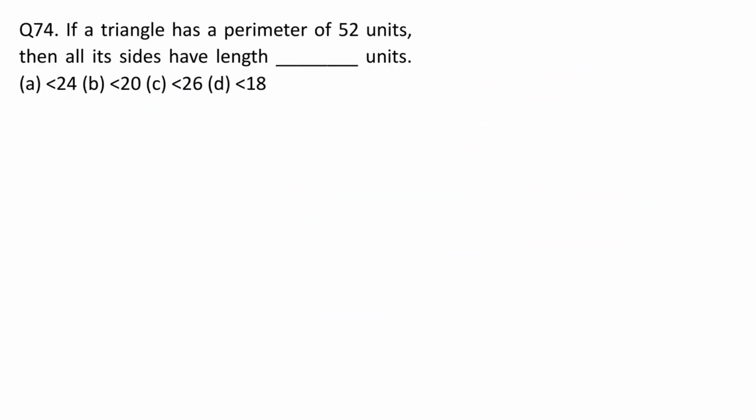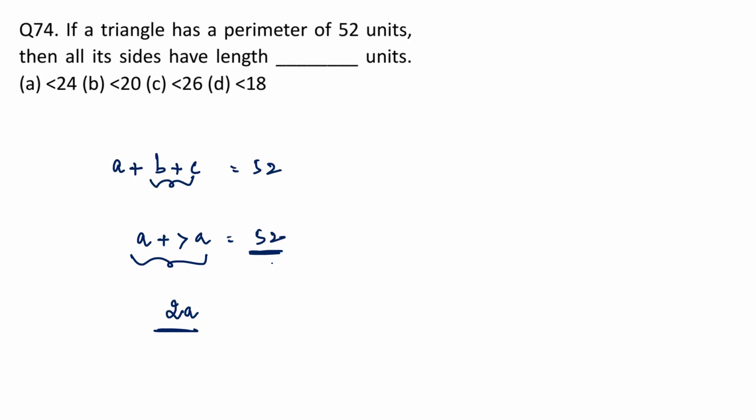The triangle has a perimeter of 52 units. Then what can all its sides have as a length? Perimeter means A plus B plus C is equal to 52. But the sum of two sides should always be greater than the third side. So A plus B should always be greater than C. So A plus A should be greater than 2A.